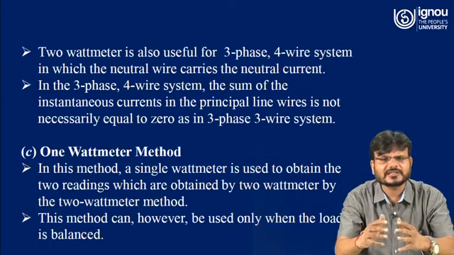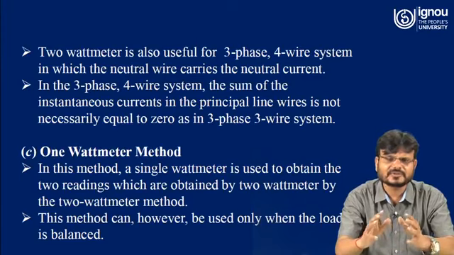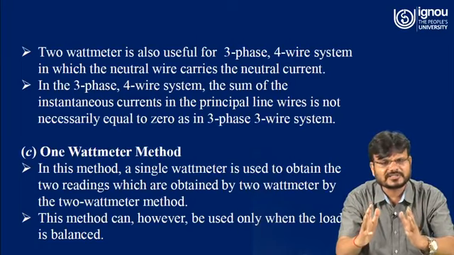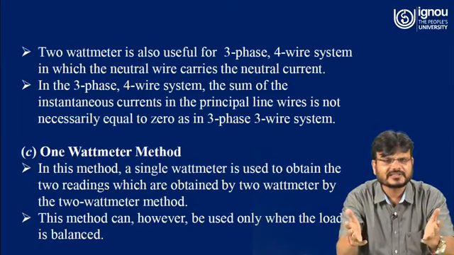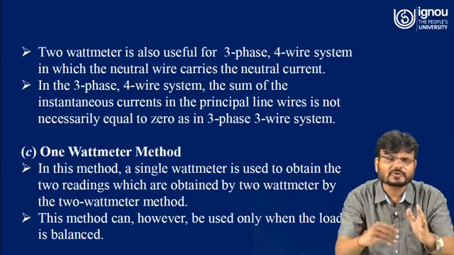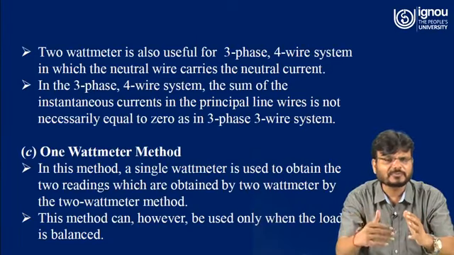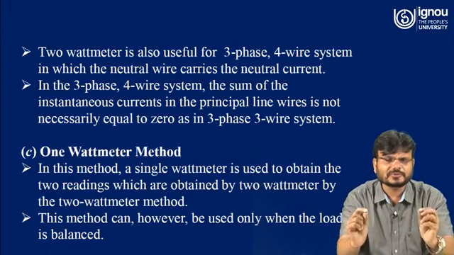This method can, however, be used only when the load is balanced, whether it is a star connected system or a delta connected system. If you want to measure the power with the 1 wattmeter method, you just have to connect 1 wattmeter in series, then you can measure the power of the three-phase circuit.